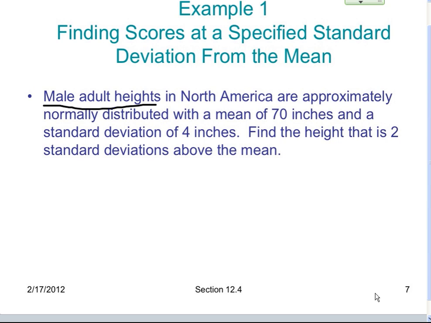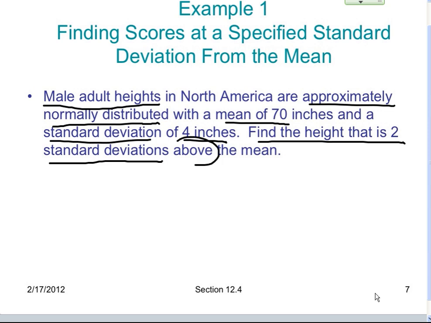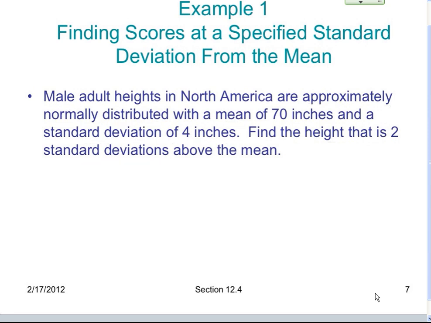Male adult heights are approximately normally distributed with a mean of 70 and a standard deviation of 4 inches. Find the height that is two standard deviations above the mean. So standard deviation is 4. We want two standard deviations above the mean.